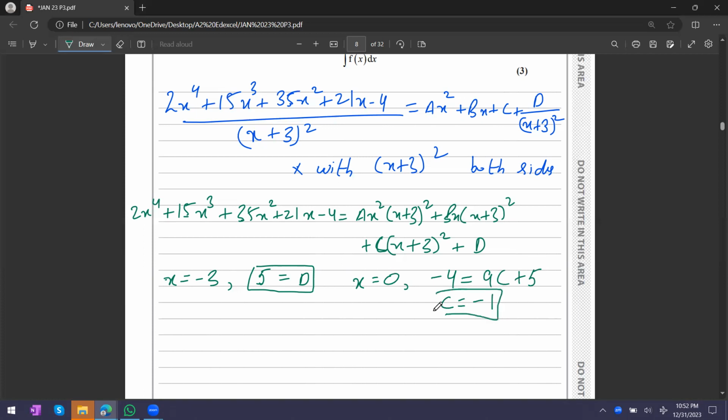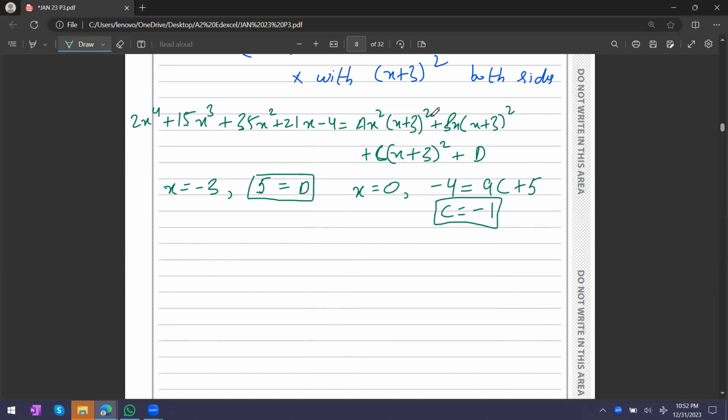We have got c and d. Now how to find a and b? There is no number which can cancel both one at a time. So just use 1 and minus 1. x is equal to 1, you can use x is equal to minus 1. When x is equal to 1, what does the left side become?